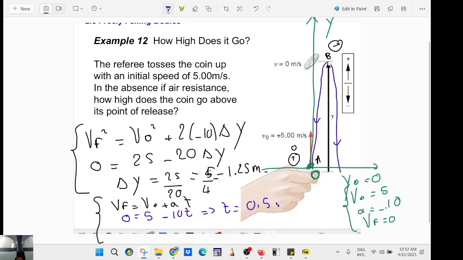If it takes 0.5 to go up, how long does it take to go down? Yes, so 0.5. So the time of flight will be 0.5 to go up, 0.5 to go down, 1 second, very good. So if you remember these equations here, sometimes it can be useful to use that one. Okay, are you with me? You can bring a coffee.